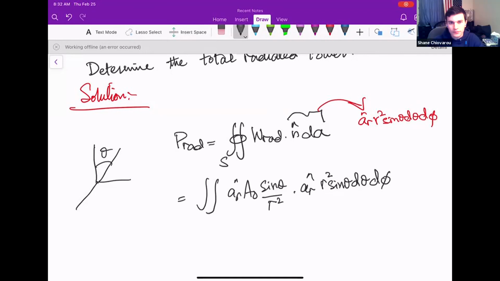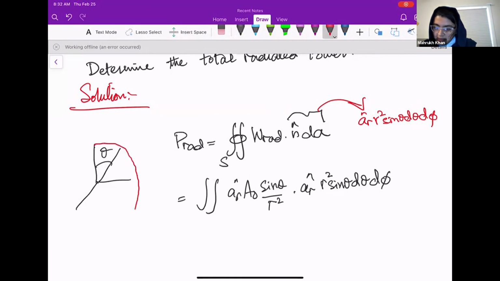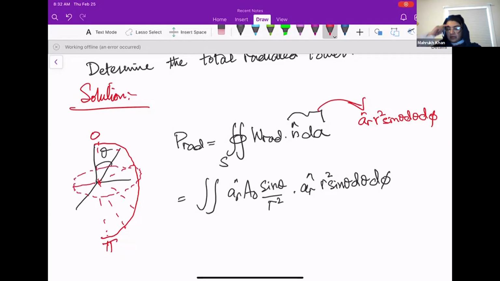So let's go through it a little bit more. What should be the angle of theta? What Shane is saying is that theta varies from 0 to pi, right? And phi will vary through the 360 degrees, that is 0 to 2 pi.